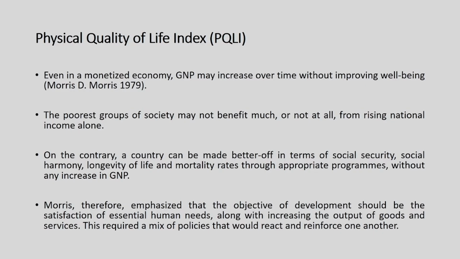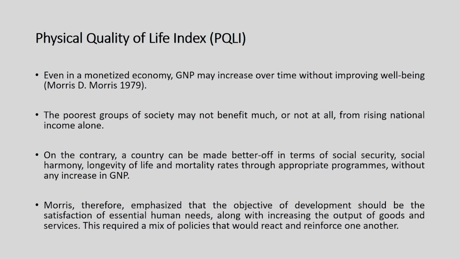Even in a monetized economy, gross national product may increase over time without improving well-being. That's what Morris argued. The poorest groups of society may not benefit much or not at all from rising national income alone. On the contrary, a country can be made better off in terms of social security, social harmony, longevity of life and mortality rates through appropriate programs without any increase in gross national product.